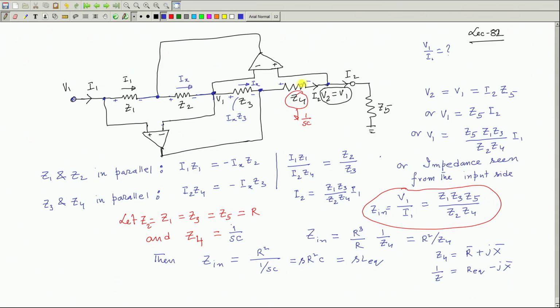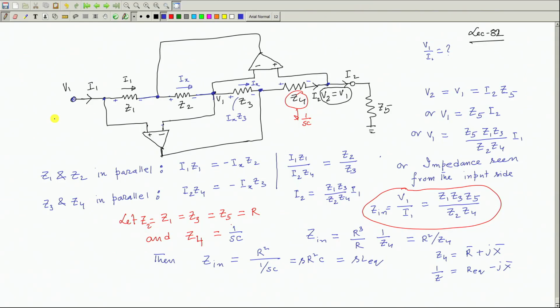Therefore, you can replace this inductor by a capacitor. Or if you connect a capacitance at Z4, then the input points V1, I1 will treat it to be an inductor. Nothing is better than that.